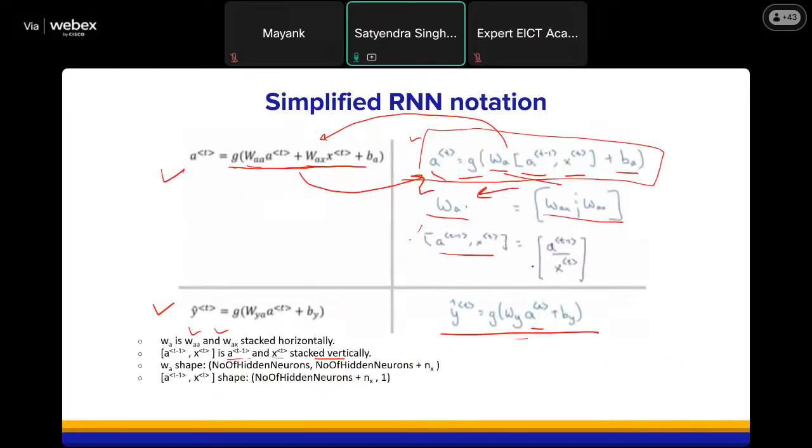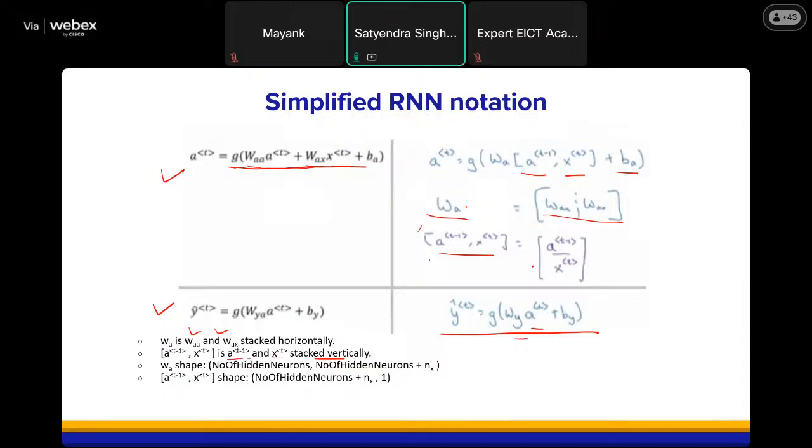So just focus on these two equations: the context representation, or context vector, how we calculate the context vector, and how we get the output.